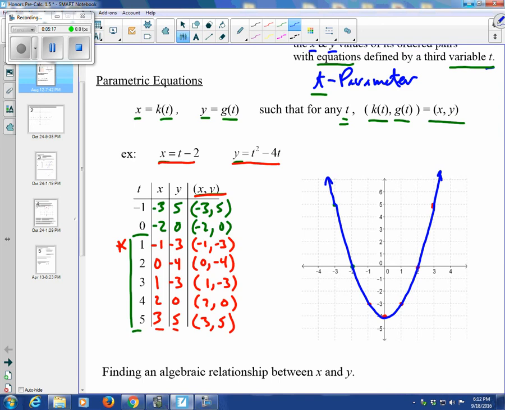So right here, if we just used from and including -1 to and including 5, we would only see the graph of the parametric relation from the t values of -1 to 5, which are the ordered pairs -3, 5, and 3, 5.